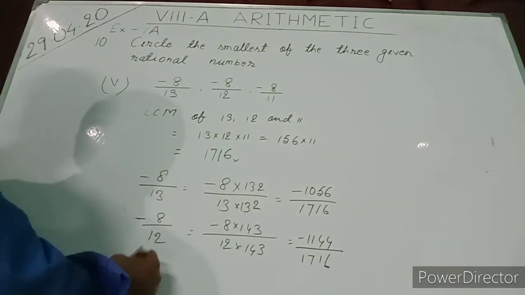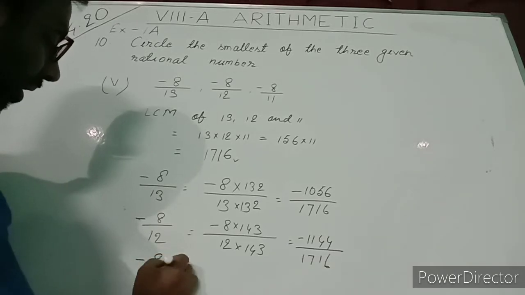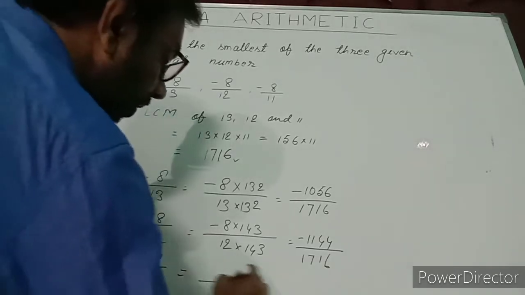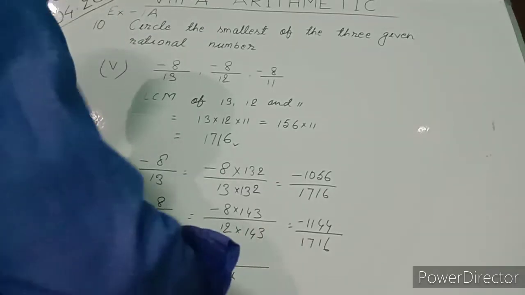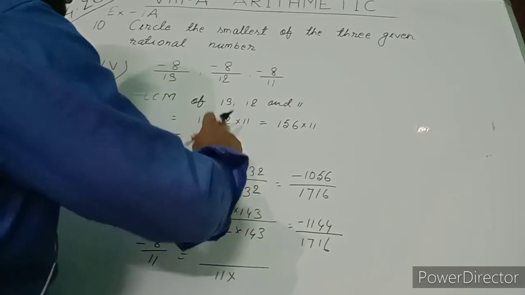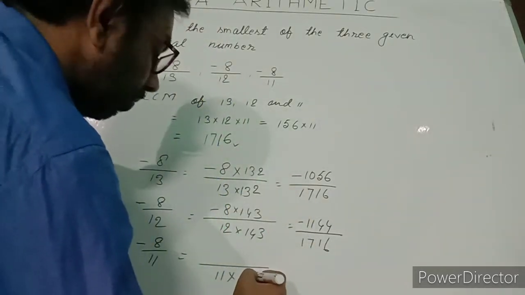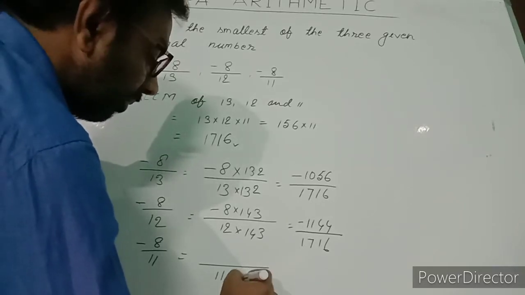Now we take the third fraction, that is minus 8 by 11. We take the denominator 11. By which number we will multiply this 11 to get this LCM? Those numbers will be 13 and 12. Multiply those two. 12 3 is 36, 3, 12 1 is 12 and 3 15.